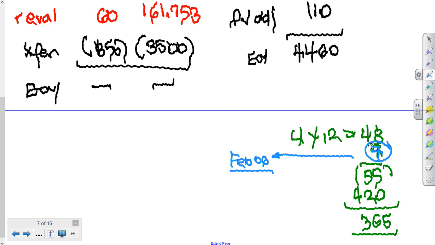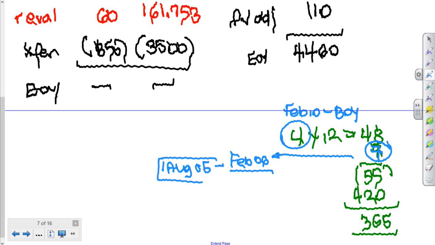Then from February 06 to beginning of year, February 7, 8, 9, and 10, it's 4 years to February 10, which is beginning of year. I need to get from 1 August 05 all the way to beginning of year. And that is 7 months for the first piece of a year, then 4 years, 48 months.